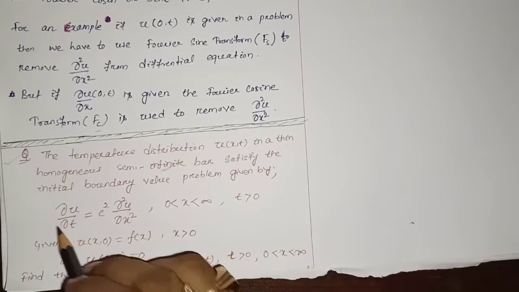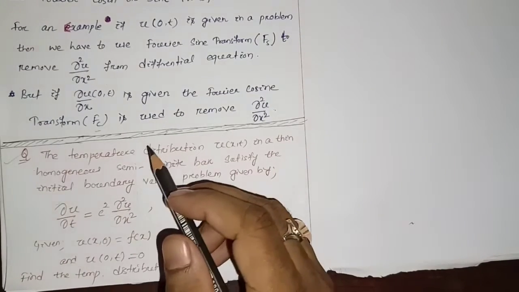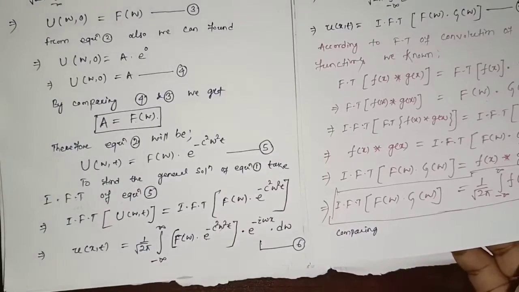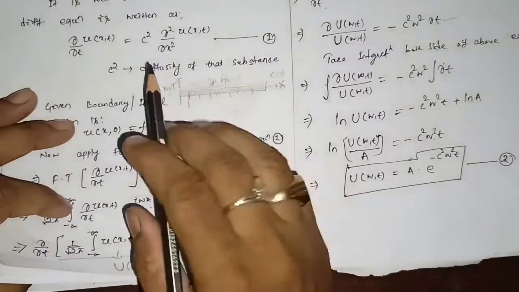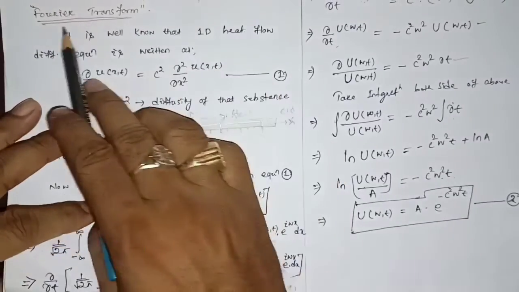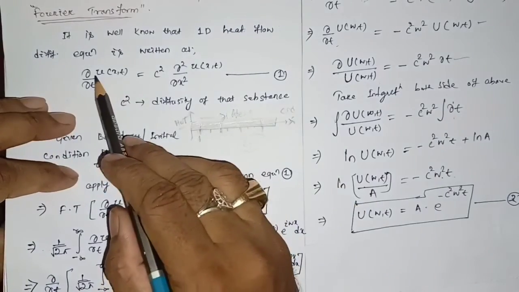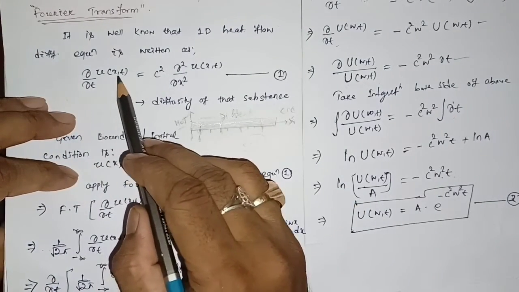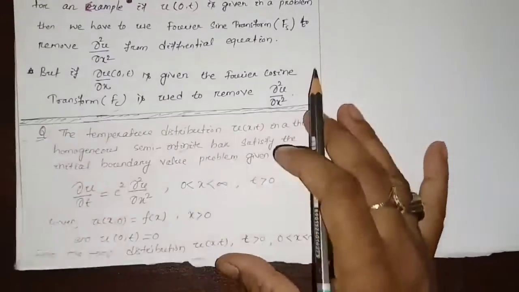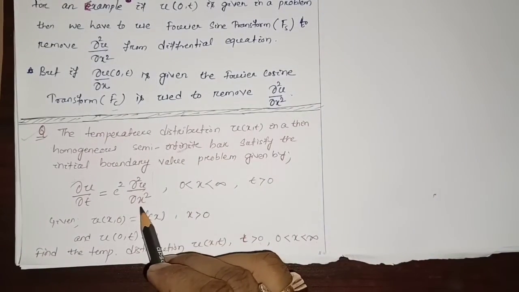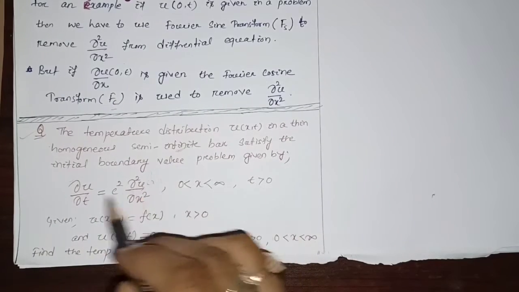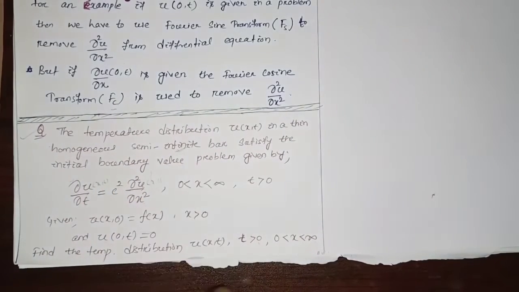So here is the same differential equation as we discussed in our previous problem on the heat equation using Fourier transform: del u by del t equal to c square del square u by del x square, where u is a function of x and t.